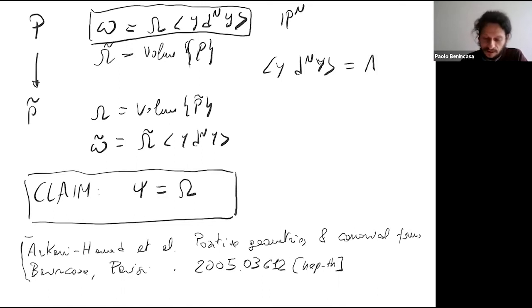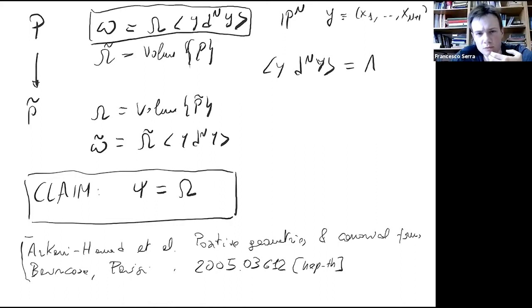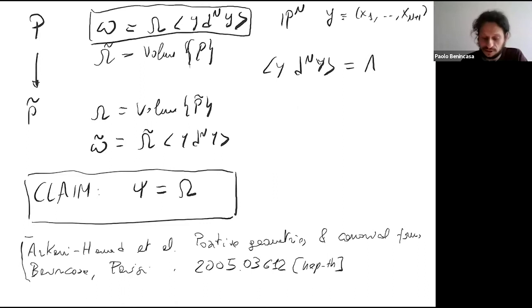for example, if I have some space with coordinates x1, and so on up to x n plus 1, then this is going to be just given by the wedge product over j from 1 to n plus 1 of dxj, all divided by the volume of GL1.